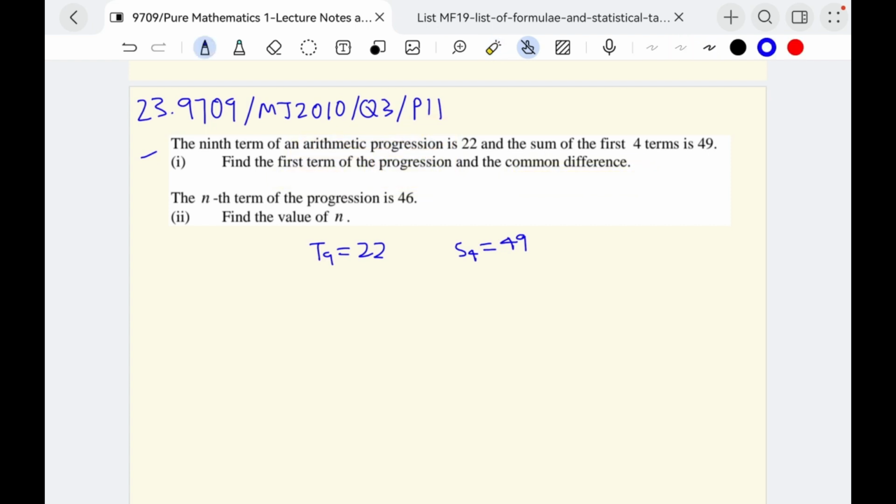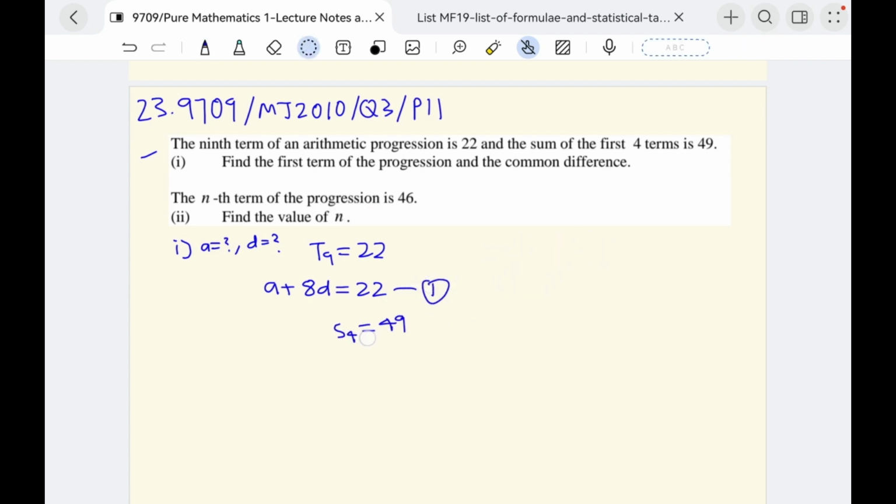So the first part wants you to find A and D by using these two pieces of information from the context of the question. So T9 we can express as A plus 9 minus 1, which is 8, so we can directly write A plus 8D is equal to 22. So this is your first equation. And next, S4 is equal to 49.